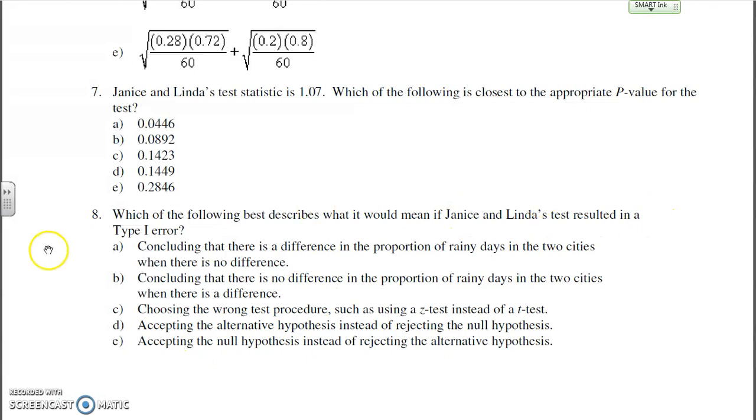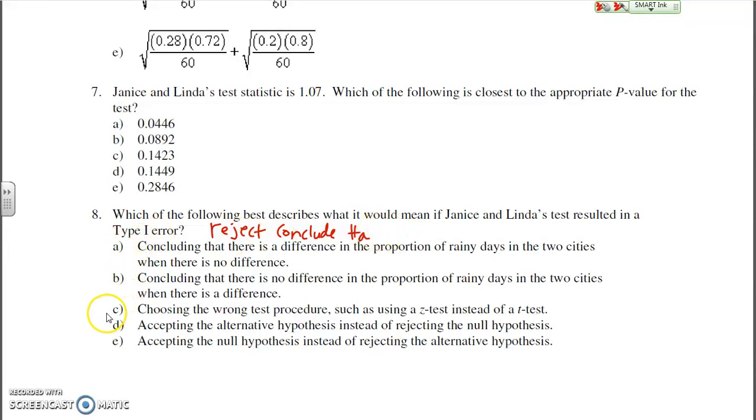test resulted in a type 1 error? Again, here are these type 1 and type 2 error questions. Remember, a type 1 error would mean that we reject, and if we reject, we conclude the alternative. In this case, the alternative is that there was a difference in the rainfall in their two cities.